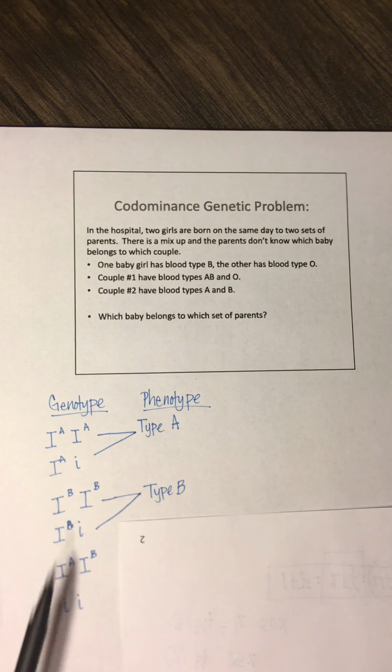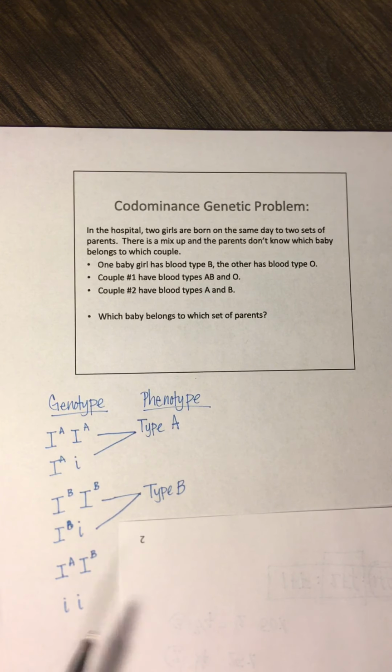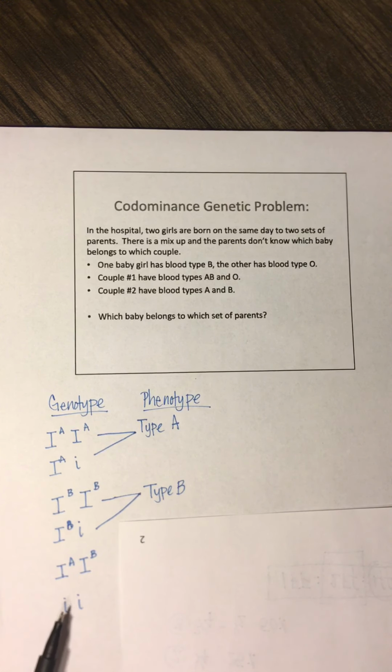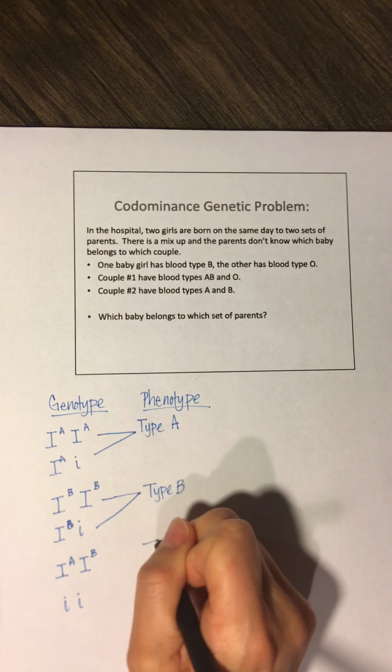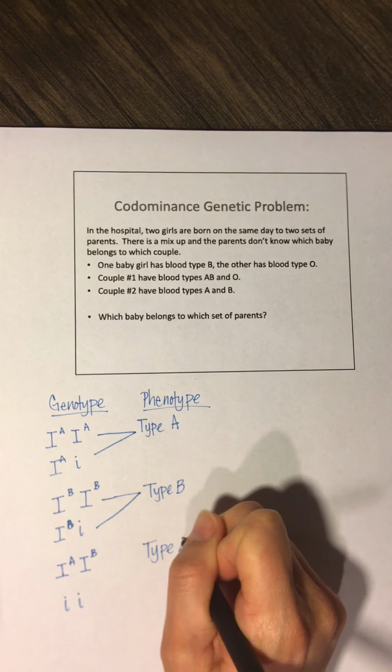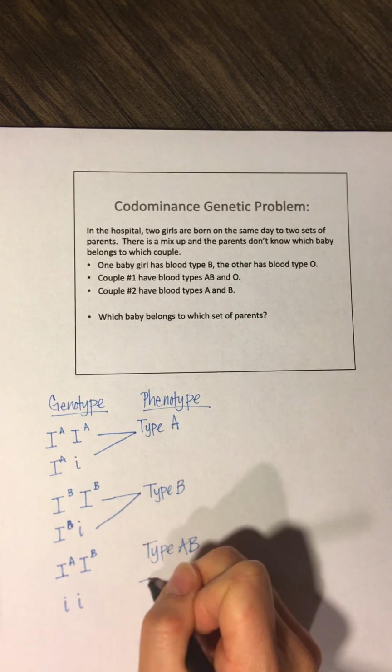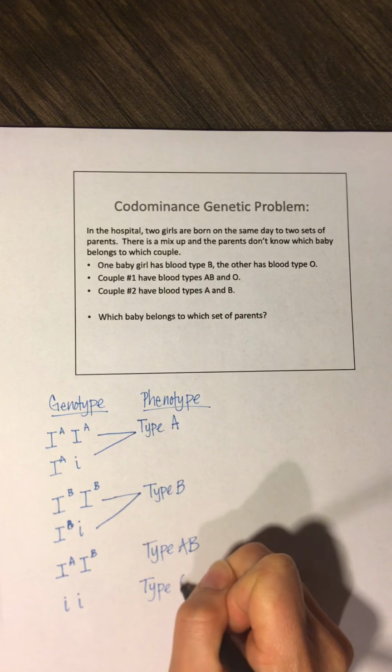Individuals with either of those 2 genotypes will have the phenotype of type B blood. And the last 2 genotypes are shown here. This individual is AB, and their blood type will be type AB blood, and little i, which corresponds to type O blood.